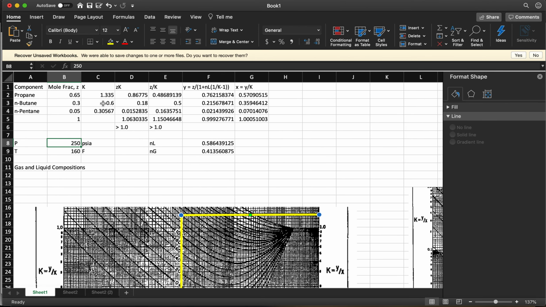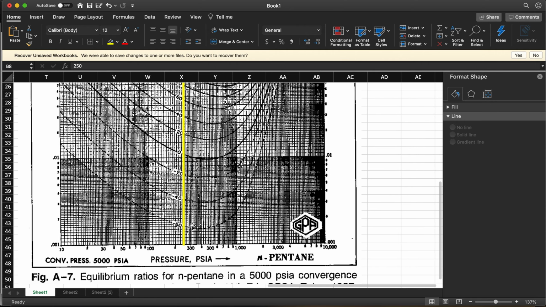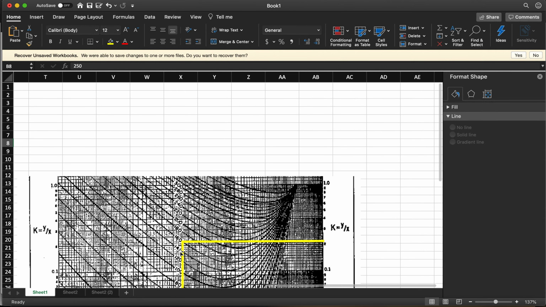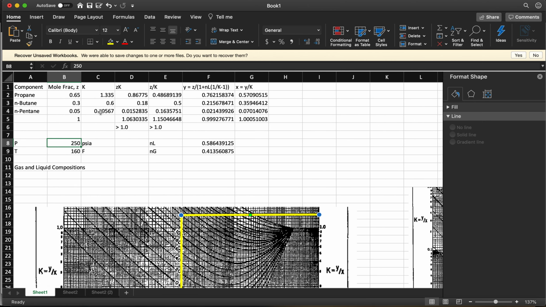How about 0.6? Close enough. And for the pentane value, go to the pentane table, same thing: 250, come up to this line, come over. How about 0.30 something or another?